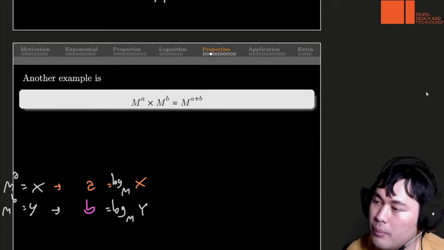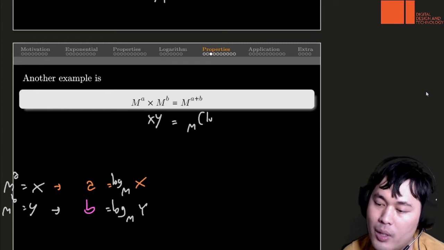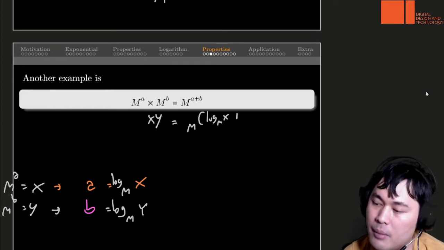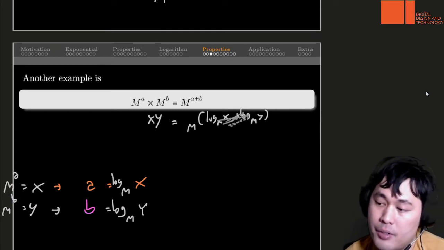Let me rewrite that. So this is x times y, and this is m to the power of log base m of x plus log base m of y. We add two components together.